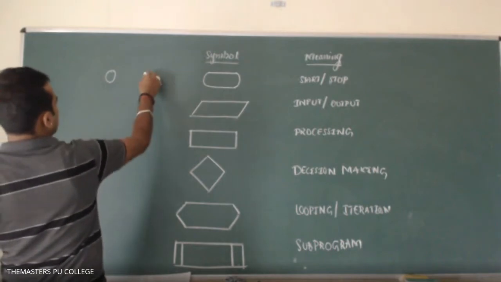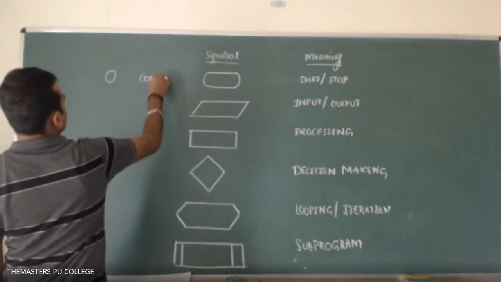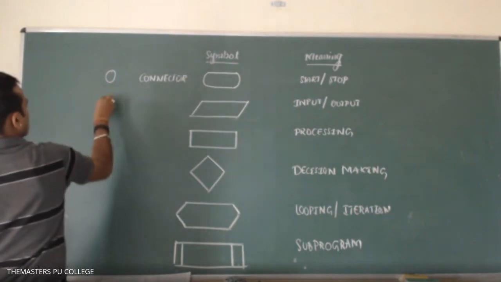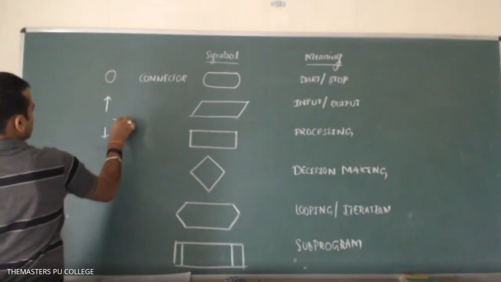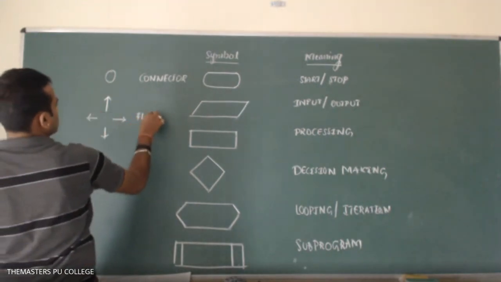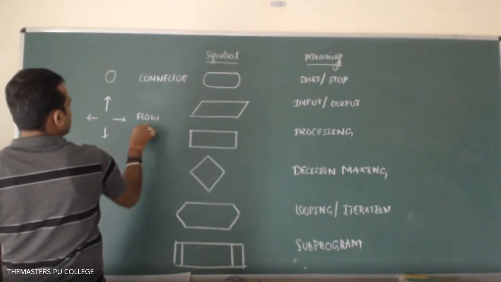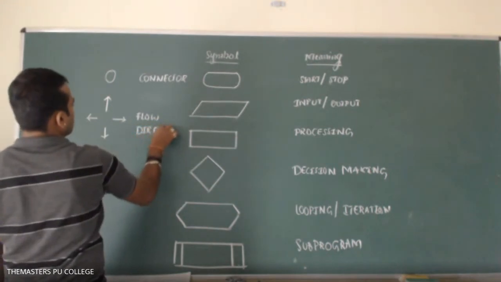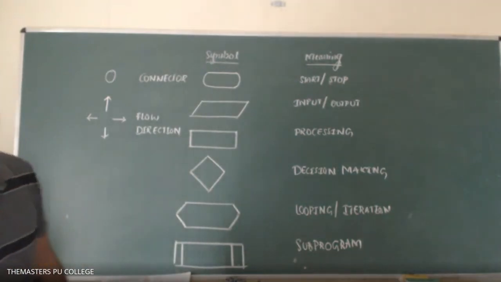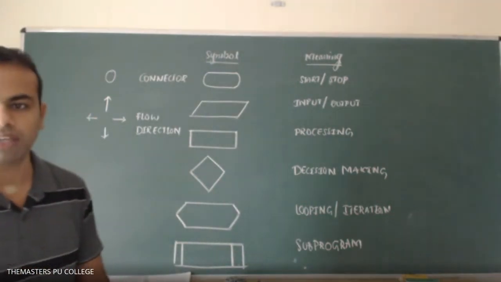Circle indicates a connector. And then last is up arrow, down arrow, right arrow, left arrow. So this is flow direction. Okay, these are the symbols we use in flowchart.